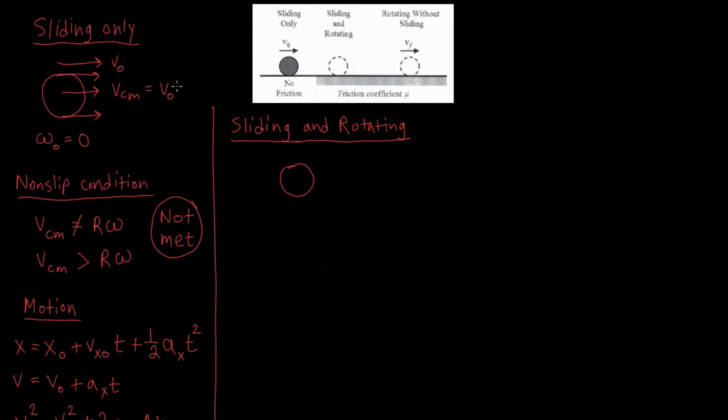And so the frictional force will oppose the circular object, and it's going to reduce the velocity of the center of mass, and in return, it's going to increase the angular velocity, because previously the angular velocity was 0 when the object was sliding. But now for an object that's sliding and rotating, the object is going to have an increase in angular velocity, and the velocity of the center of mass is going to decrease.